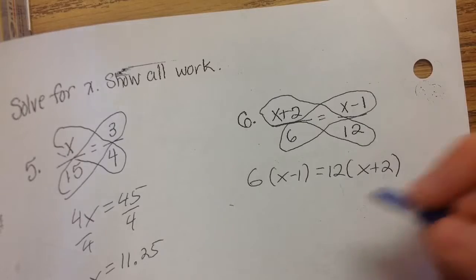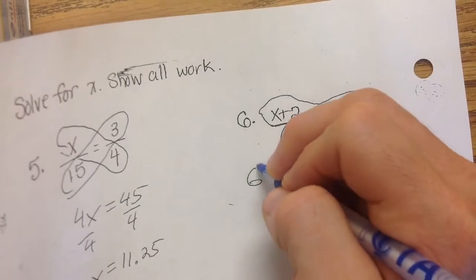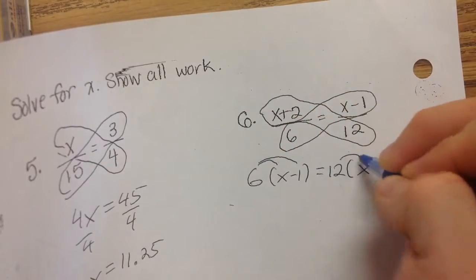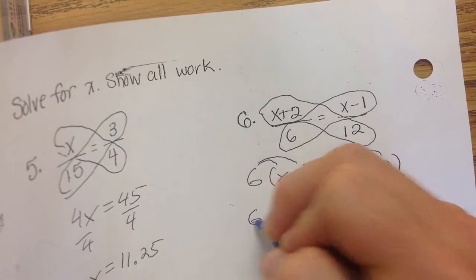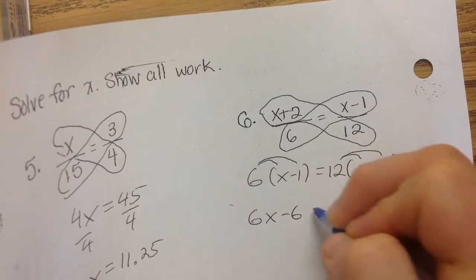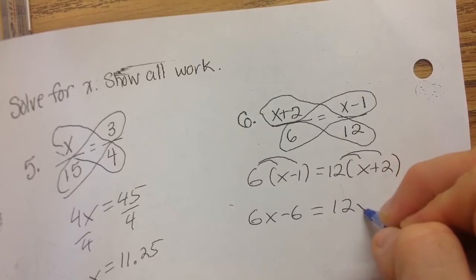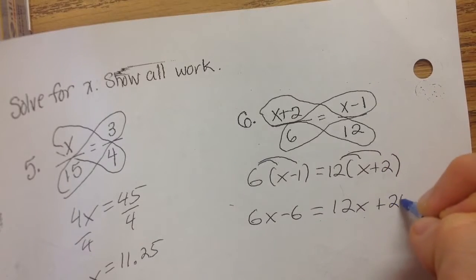Once we're here, we're going to go through our steps. We're going to start by distributing. So on both sides, we're going to end up with 6x minus 6 equals 12x plus 24.